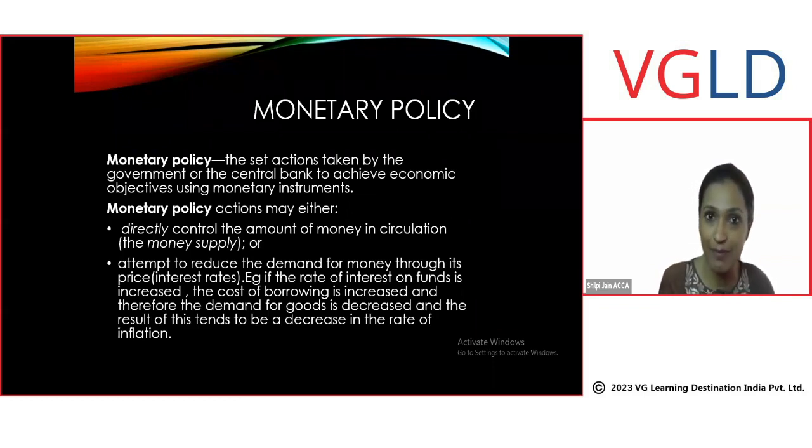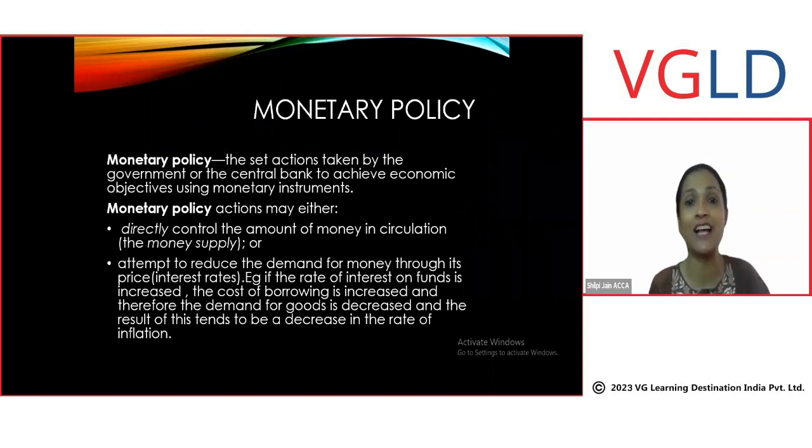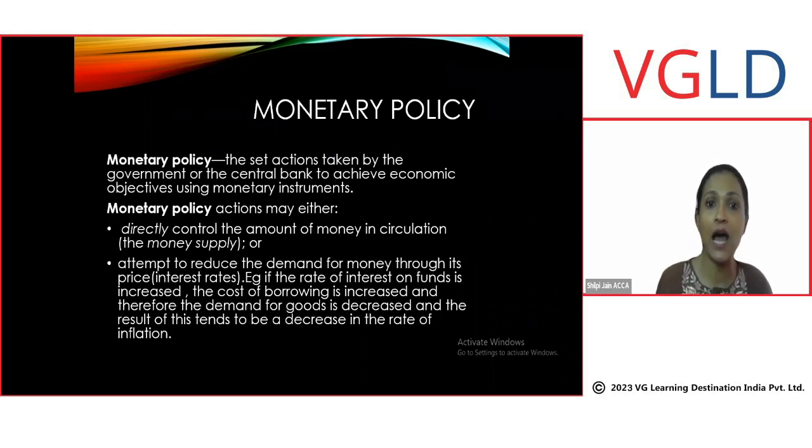So the monetary policy basically talks about the set of actions taken by the government or the central bank, which is the RBI in India, to achieve the economic objectives using monetary instruments. The 2 monetary instruments that we use here are the amount of money which is going to be in circulation. So how many rupees is the government literally getting in circulation? So what is the money supply in the economy, as well as the attempt to reduce the demand for money by the use of rate of interest.